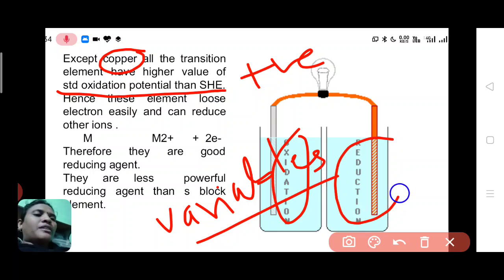Copper shows a reduction reaction. Reduction means copper can gain electrons easily. So this is all about the oxidizing and reducing properties of d block elements.